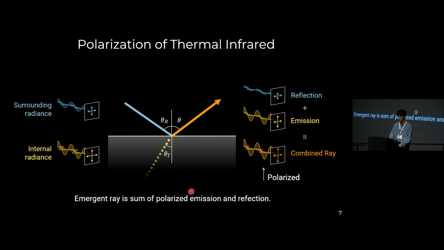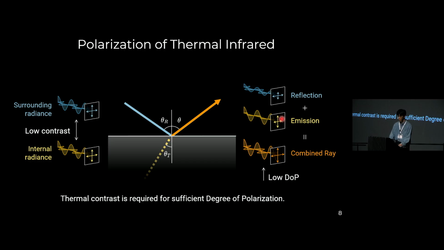Since the polarization angles of emission and reflection are orthogonal, they partially cancel each other out. This reduces the degree of polarization. In particular, when there is no temperature difference between the object and its surroundings, the degree of polarization becomes almost zero. This raises a major constraint, the requirement for thermal contrast.